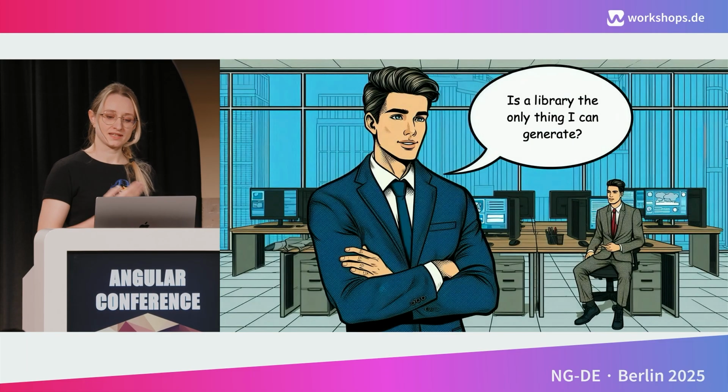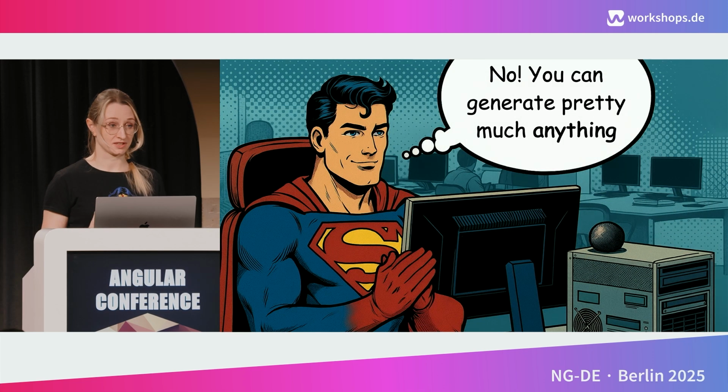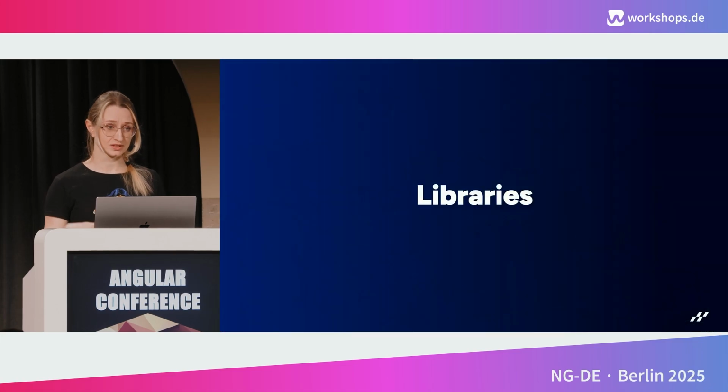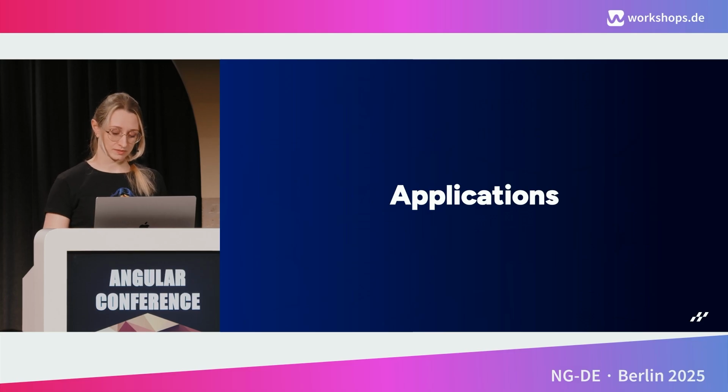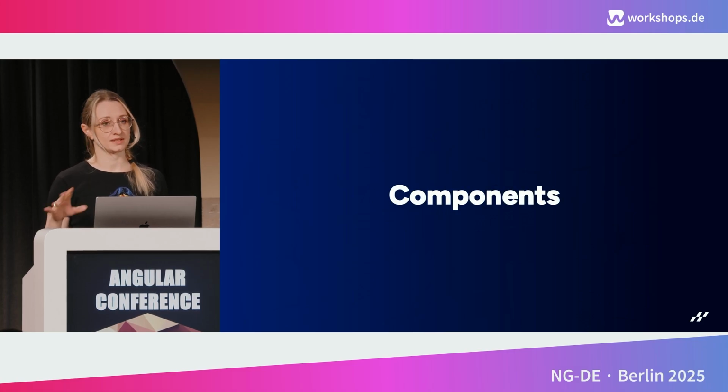OK. So is a library the only thing you can generate? Well, obviously no. You can generate pretty much anything. So we can generate custom libraries, as I showed you, or whole applications in the NX Workspace. You can generate single components, just like you use the ng generate component.